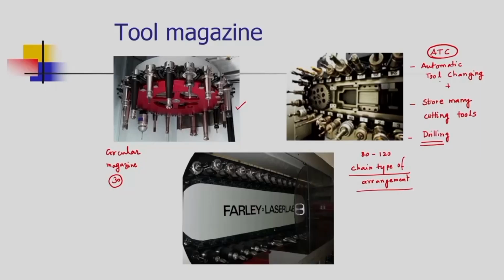So, that is the automatic tool changing operation. This saves a lot of time and it enhances the production. Production rate enhancement is the ultimate aim of providing tool magazines.